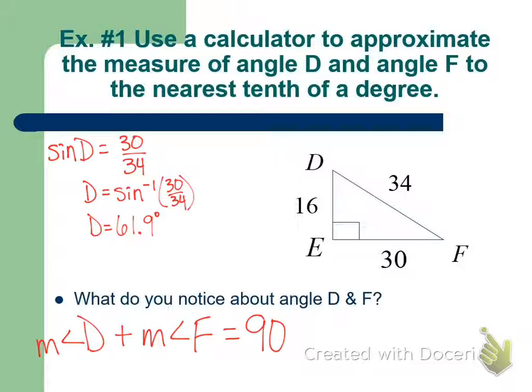In order to find angle F, we could use another trig function, or we could subtract it from 90. So I'm fine with just taking the short route on that. 90 minus 61.9 would give me 28.1.